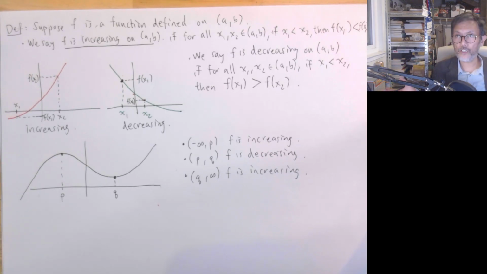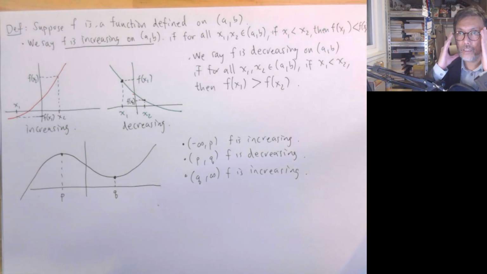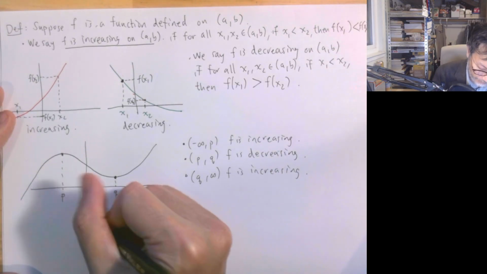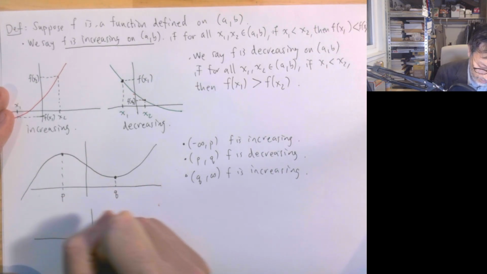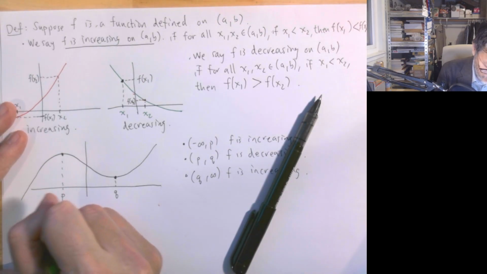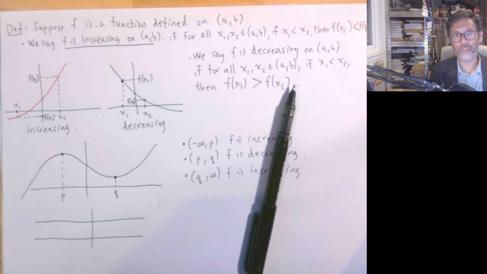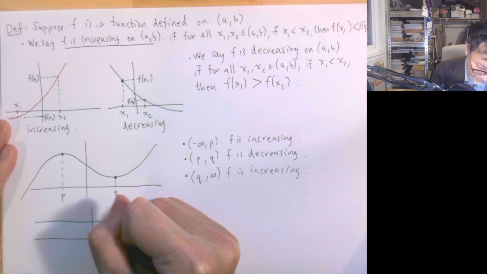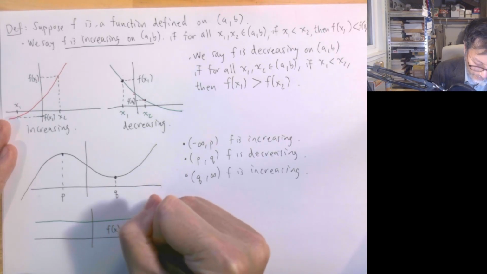Is every function increasing or decreasing on a specified interval? No, there can be a mix. And in fact, it's possible for a function to not be increasing or decreasing on any interval. So, for example, if you look at this function, the good old constant function, one whose graph is a horizontal line, and we declare this is f of x equals 5.